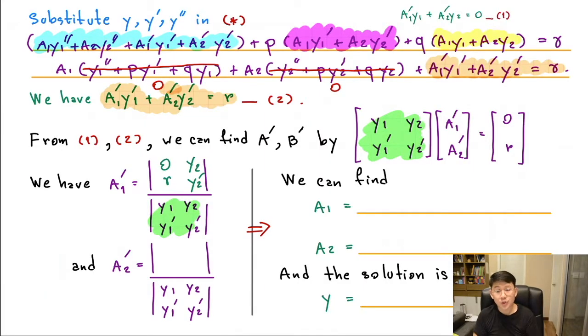I already taught you in one of the videos. So you just substitute the first column by this one, and then you can find a1 prime. Similarly, if you want to find a2 prime, you substitute 0 and r into the second column, and this is y1 prime. So we can find a1, which is, what is it? What is a1?